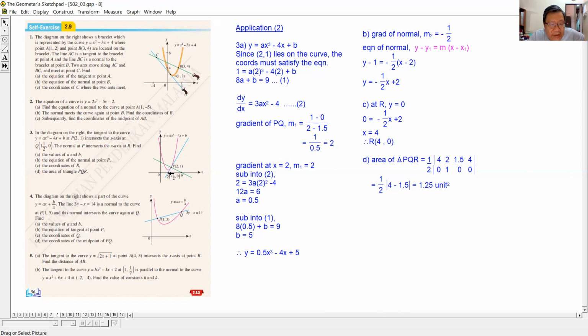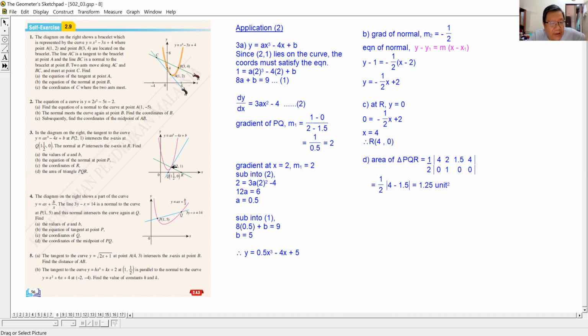These two points are known, so I can find the gradient of the straight line joining P and Q, using 1 minus 0 over 2 minus half.